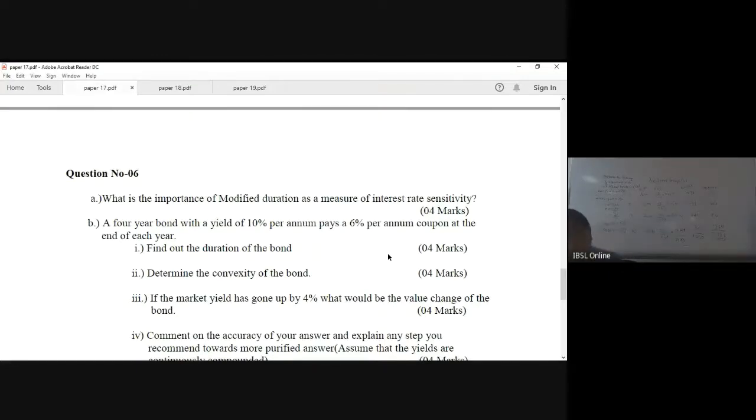Right? So when you go to the second cash flow, at the end of the second year, the cash flow would be again 60, and the present value would be 60 into e to the power minus 0.2. In the third year, you get 60 into e to the power minus 0.3. In the fourth year, you get 1060 into e to the power minus 0.4. So now you can find out all these amounts, right? So what are these amounts?